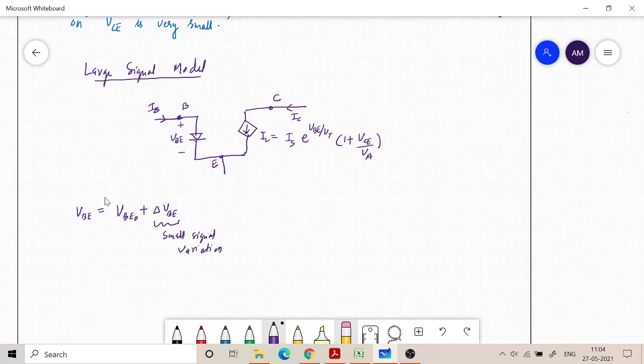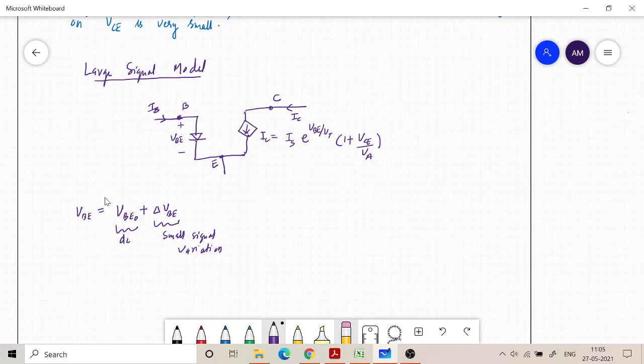So VBE consists of two parts. One is basically a DC, that is, you apply a battery and connect it across the base and emitter terminals. That constant DC voltage is VBE0. I am distinguishing it from VBE. So VBE0 is the DC component, and added to that I have a small signal.